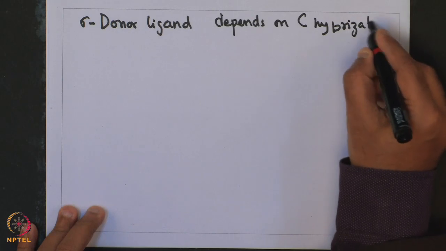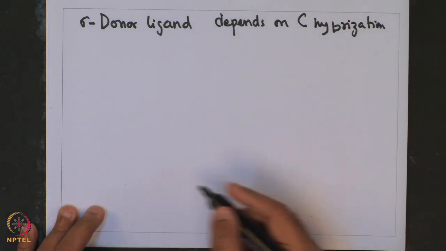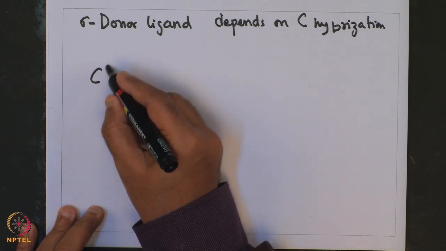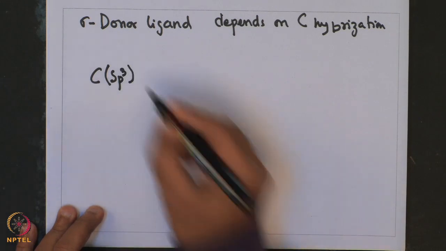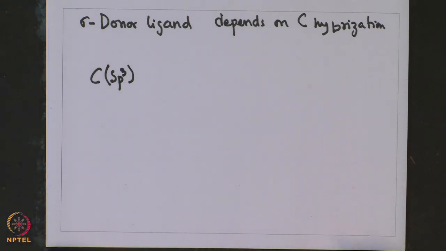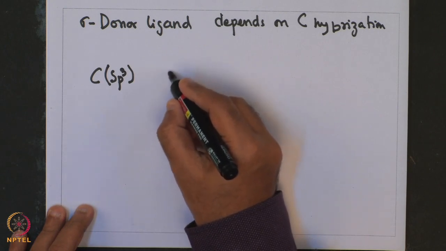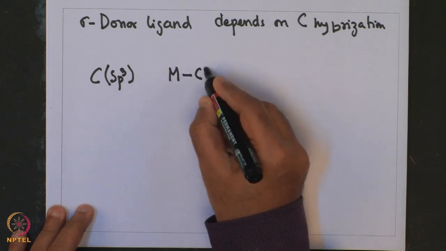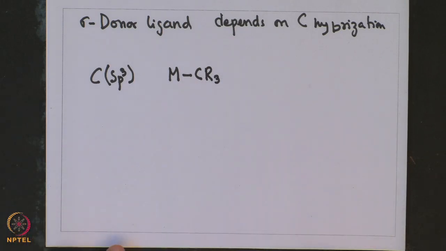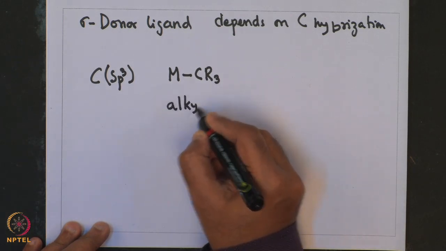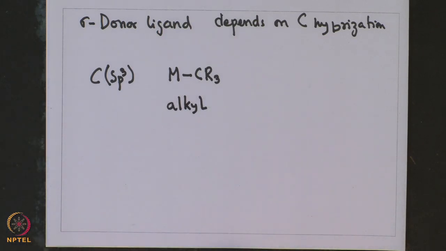So, for an sp3 carbon, one can have compounds of this type, metal bound to CR3. These are called alkyl complexes, or metal alkyls.